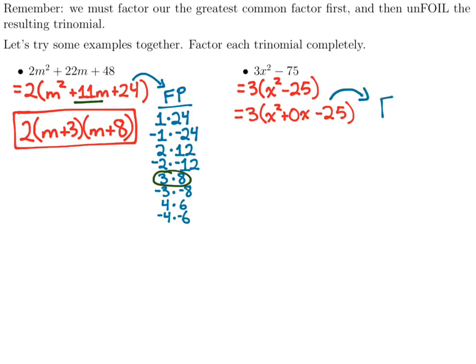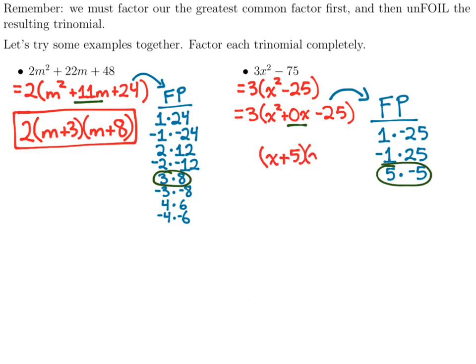Now, factor pair fun time. 1 negative 25, negative 1 25. 5 and negative 5, and that's it. Adding to 0, boom. X plus 5, x minus 5. You probably noticed it was a difference of squares already. Don't forget the 3, that common factor from the beginning.